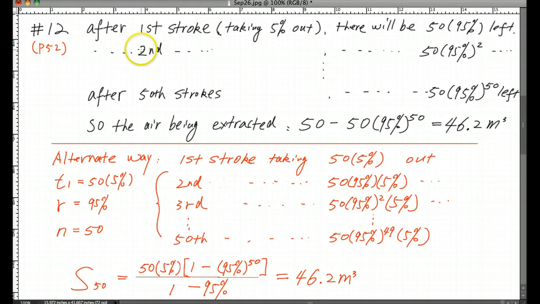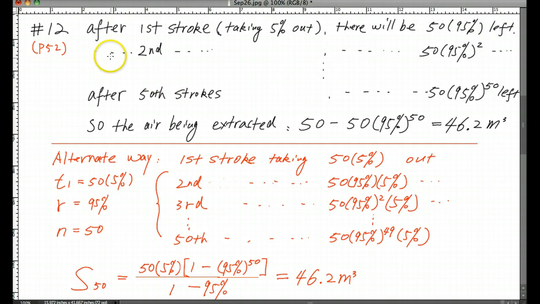So if we reverse the thinking, after the first stroke you're taking 5% of the air out, so there will be 50 cubic meters multiplied by 95% left. Basically you have 95% of the air left in the tank, so that's the air left.